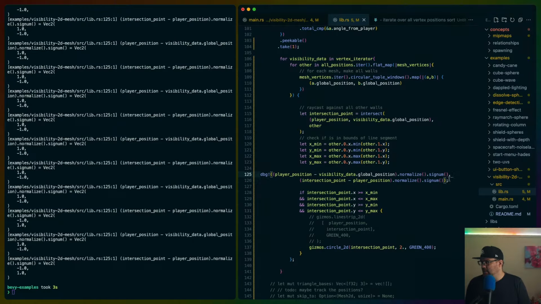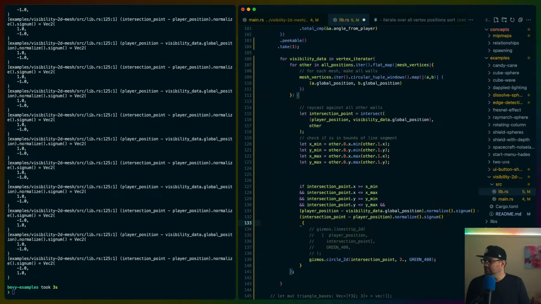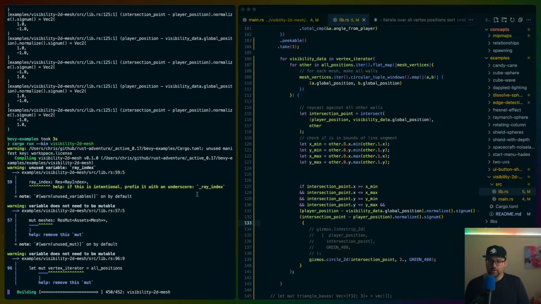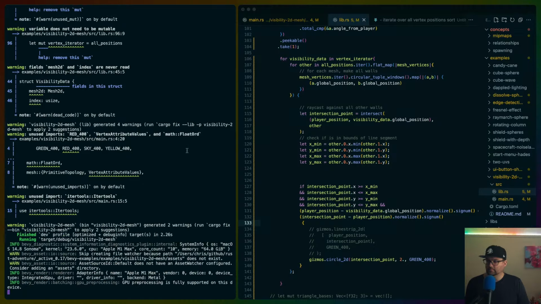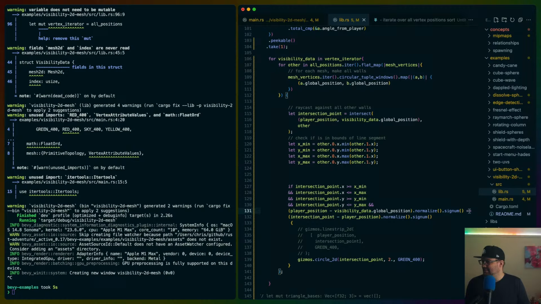And then go from signum to comparing them, for, I think, equality, right? So if they are not the same, we don't want to render it. Oh, if they're the opposite.